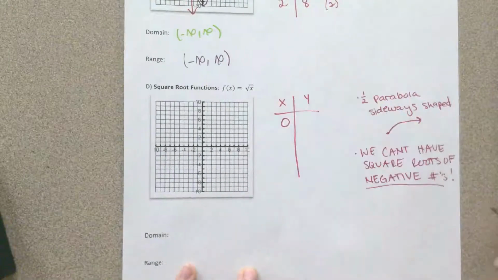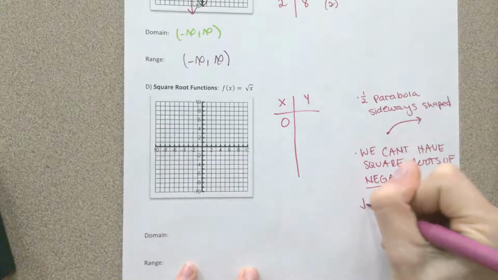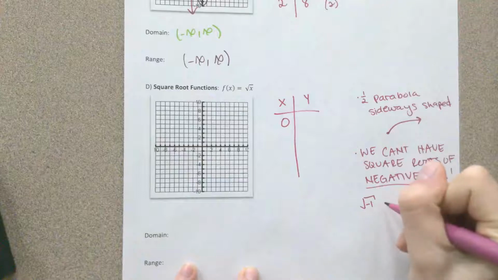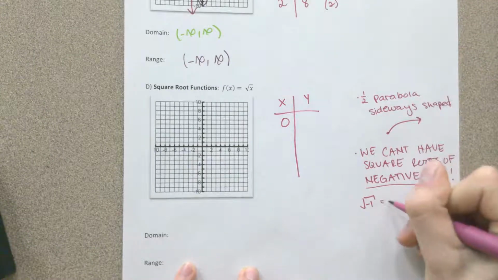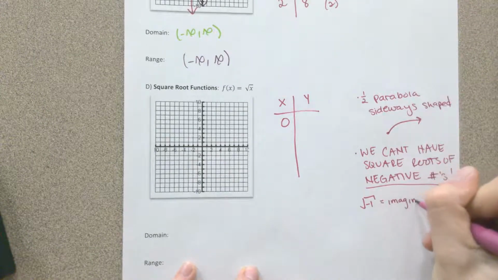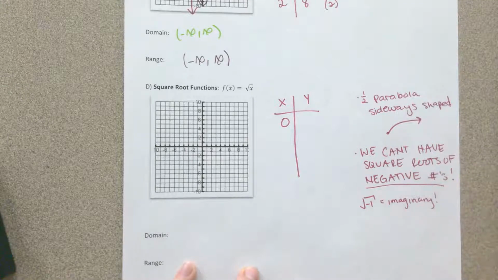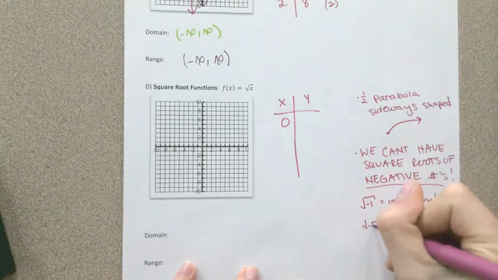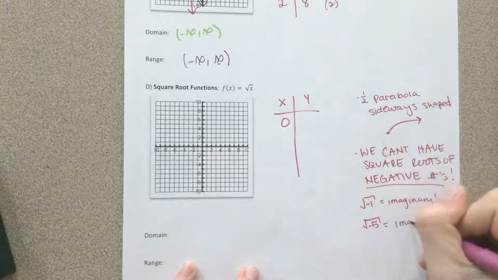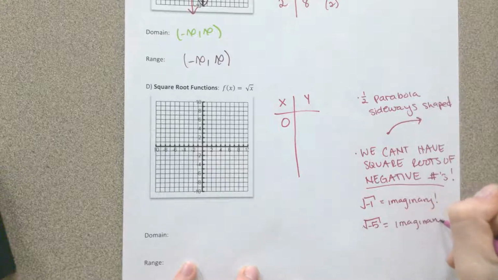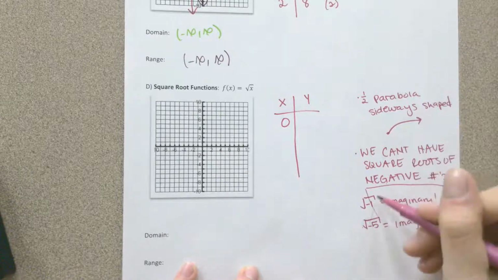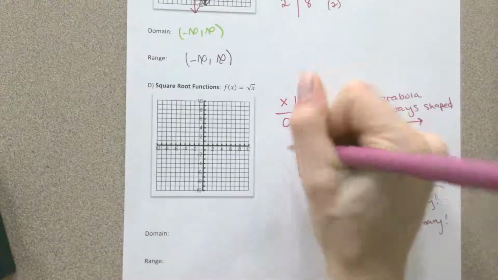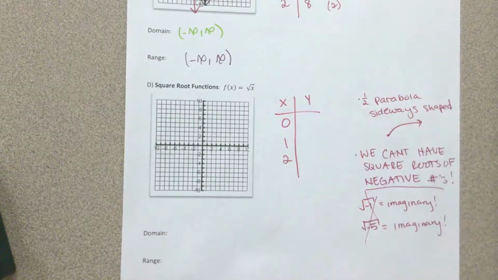So we have to start at 0. If we have a square root of -1, that is imaginary. We can't graph it. If we have square root of -5, imaginary. So we can't do that. Okay? So 0, 1, 2 would be fine.